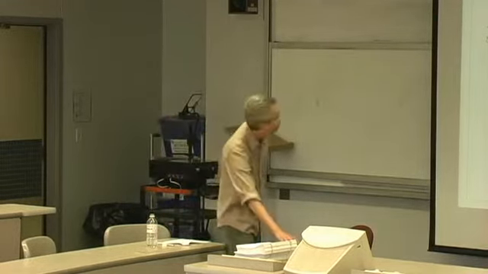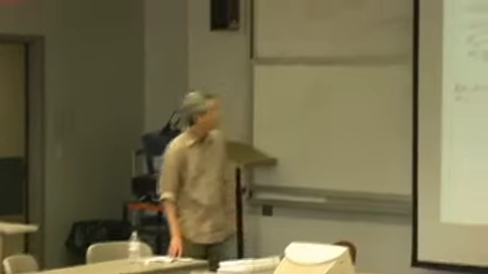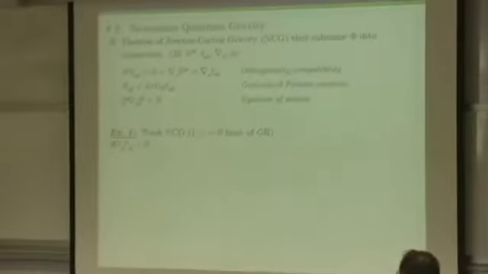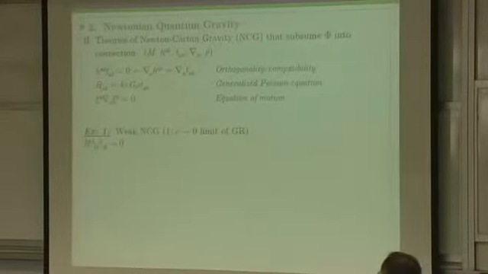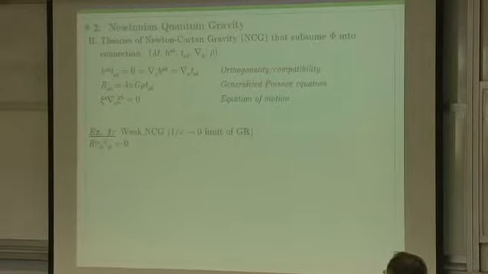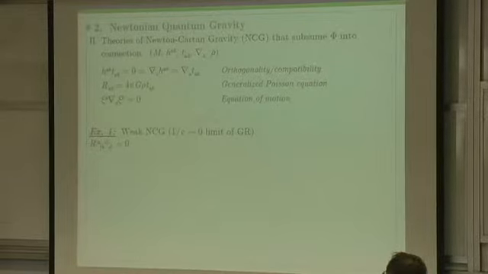So one example might be referred to as weak Newton-Cartan gravity. In this example, the additional curvature constraint imposes what's been referred to as a curl-free condition on the curvature tensor. And this is necessary in recovering weak Newton-Cartan gravity as the non-relativistic limit of general relativity.